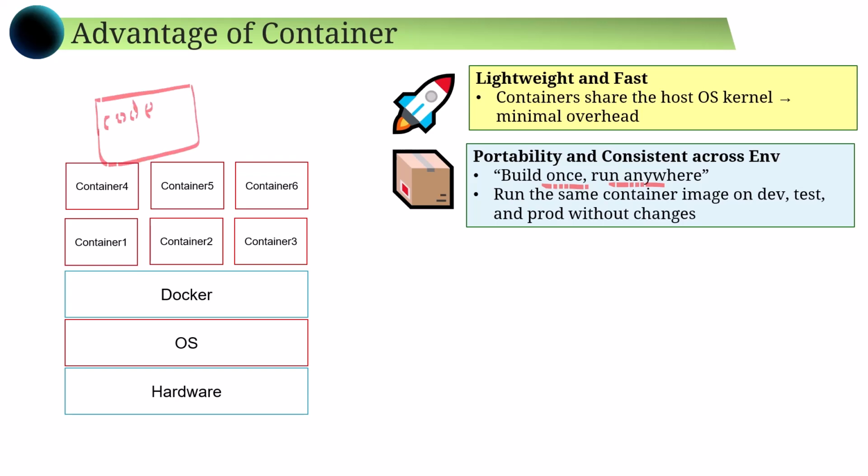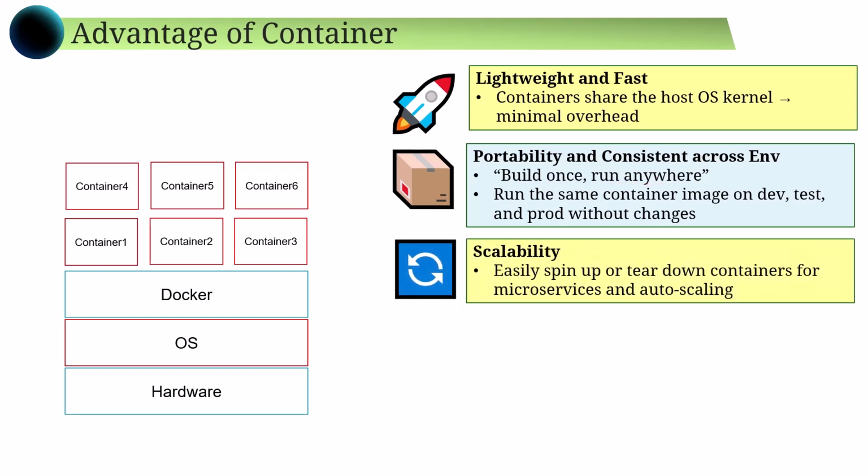Because the container has the code and the dependencies, you can run it in any environment and it will behave the same. You can run it in dev, test, and production without any changes. Scalability. You can easily spin up or tear down a container for microservices or auto scaling. You can stop container 3, and you can spin up a container 7 with a different application or the same application.